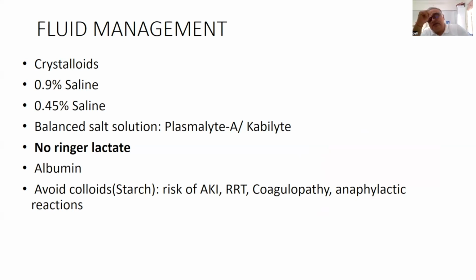Suppose you have started with sodium 125, and after 4 hours of surgery, you have seen the sodium has jumped up to 135. That is a troublesome situation because a rapid correction of sodium leads to CPM and all these things. So using 0.45 saline and avoiding excessive increase in sodium is a must.